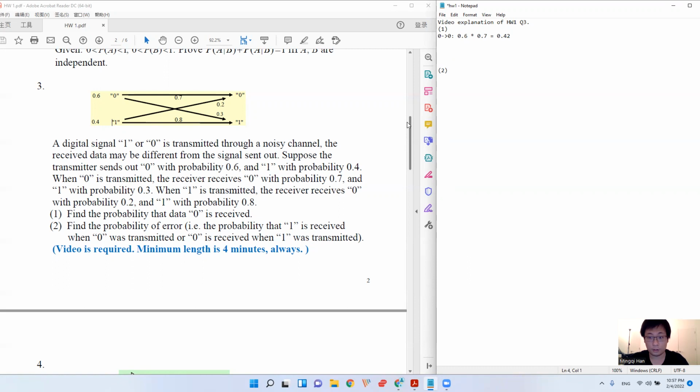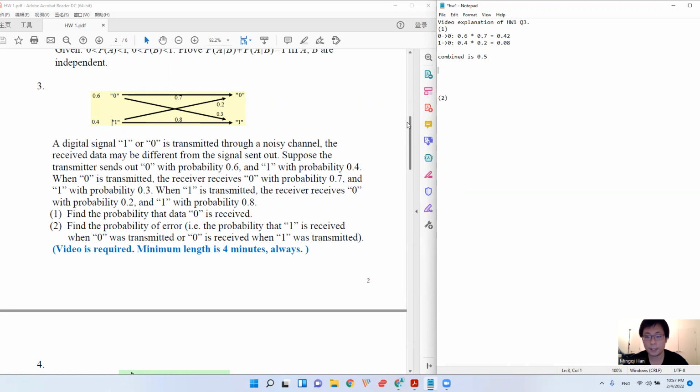And the probability of getting an input 1 and receiving a 0 is 0.4 times 0.2, which is 0.08. Combined, the probability of having data 0 at the end side of the channel is 0.5.